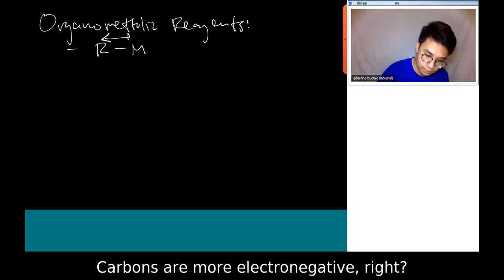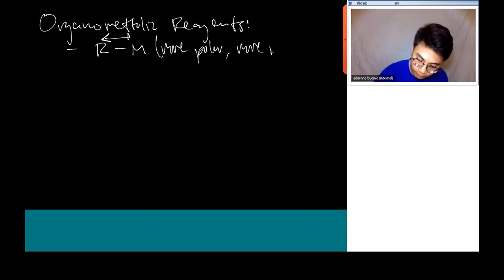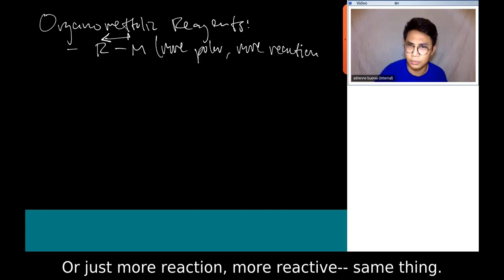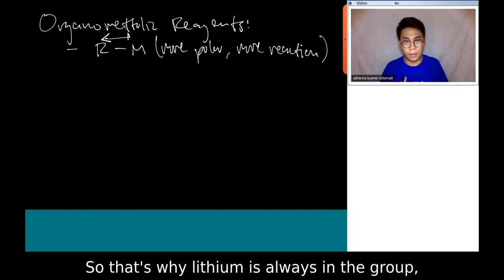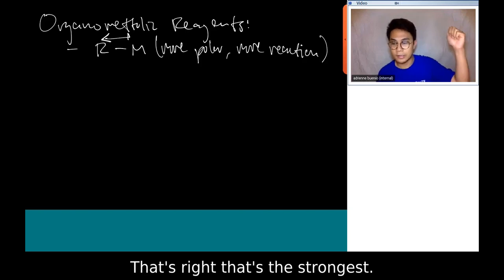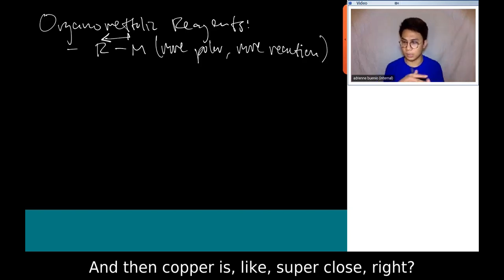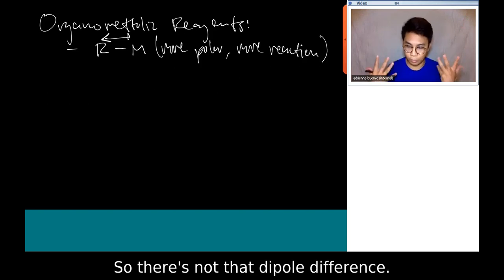So more polar, more reactive. That's why lithium is all the way over in group 1, the strongest. Then magnesium in group 2, and then copper is super close, so there's not that dipole difference.